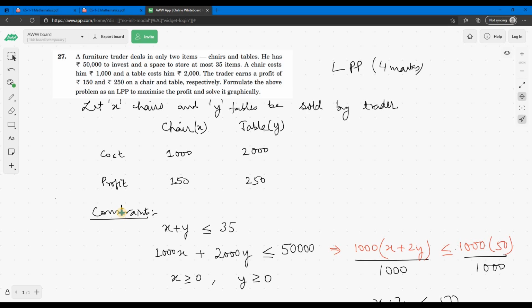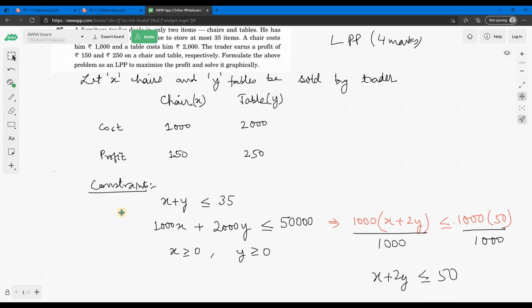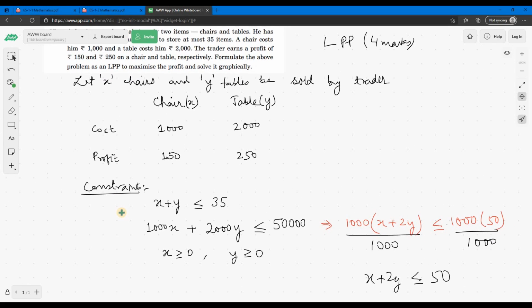Conventionally we use capital Z to represent the objective function. Since 150 rupees is the profit on one chair, on two chairs the profit will be 2 times 150, on three chairs 3 times 150. Similarly for x chairs the profit will be 150 times x.